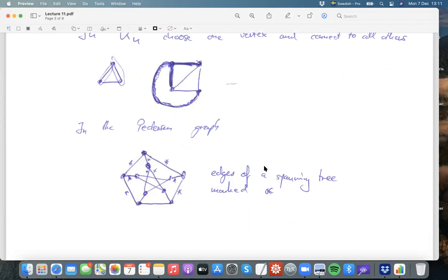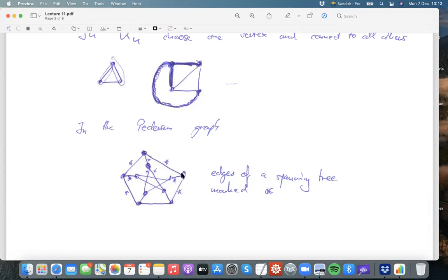And I think I did some small exercise for you earlier, but we can also repeat it soon. So for example, for this graph, which we already used several times, the Petersen graph, here is one example of a tree. The edges of a spanning tree are marked by stars. So we start with this vertex.